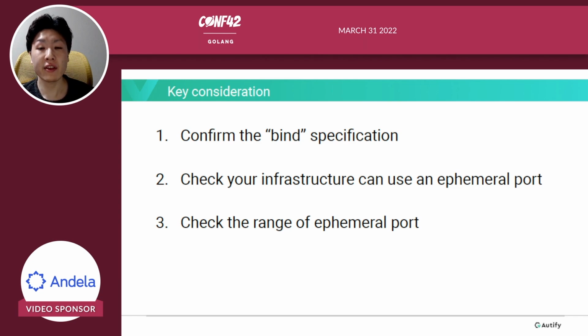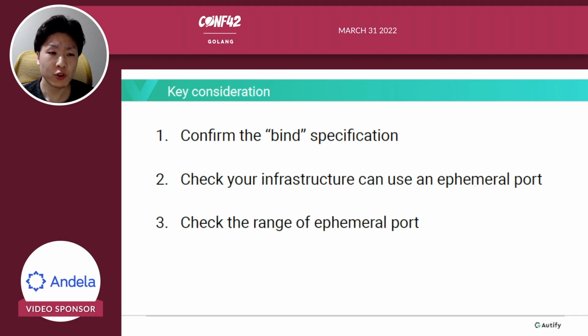We will learn that when you want to launch a server on a random available port on any instance, you should check three things. First, you'd better confirm the bind specification. Second, you'd better check if your infrastructure can use an ephemeral port. For example, suppose you use AWS Fargate, a fully managed container orchestration service, as an infrastructure.